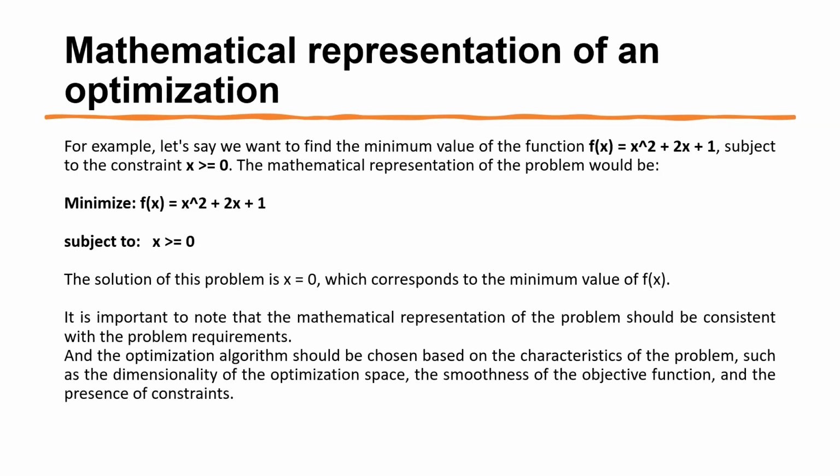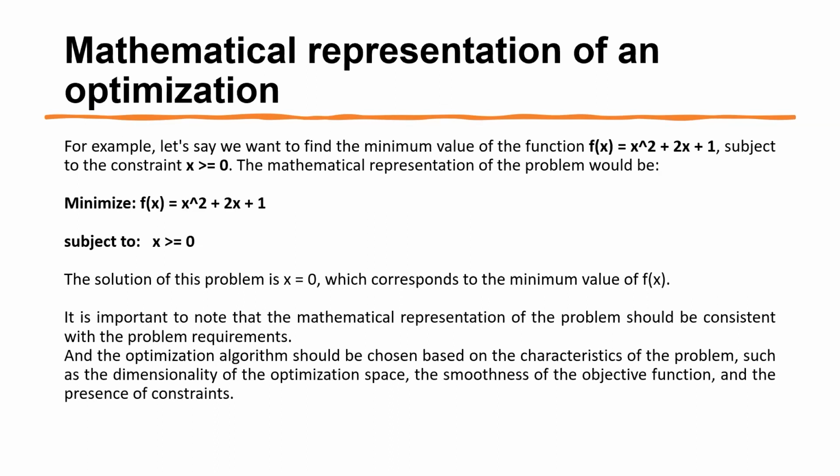Because there will be certain algorithms which might not operate under constraints. So there are variations of all of that. We have to be very careful in selecting which optimization algorithm you are going to operate on a given problem and a given data.